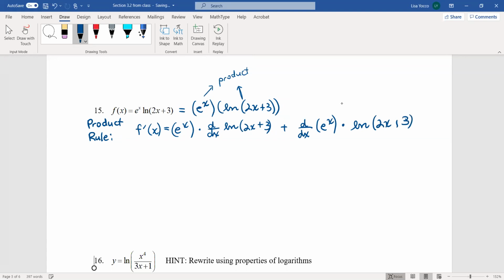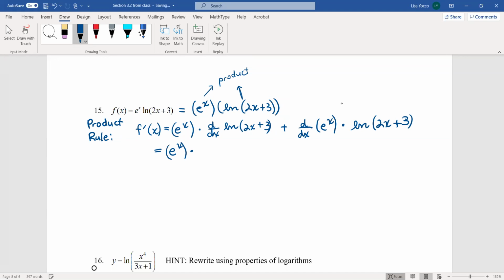So that's just your good old product rule. We set it up in the first step and then compute the derivatives in the second step. So we'll keep going, keeping that e to the x.